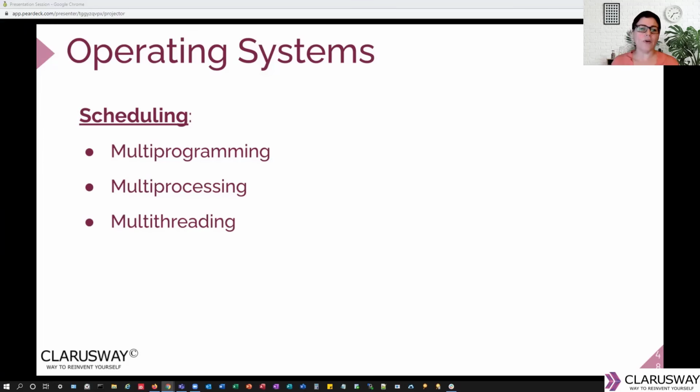So where we have multiple processes running either on one processor or multiple processors, threading is the ability to break down that process into concurrent, they call them threads, concurrent operations to speed up getting to the final result of that process.